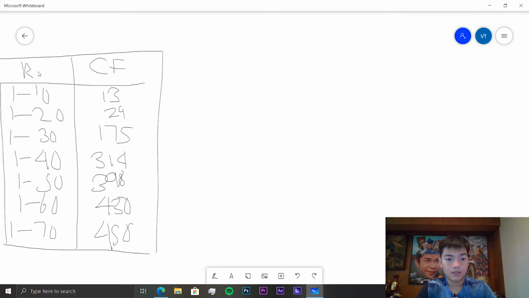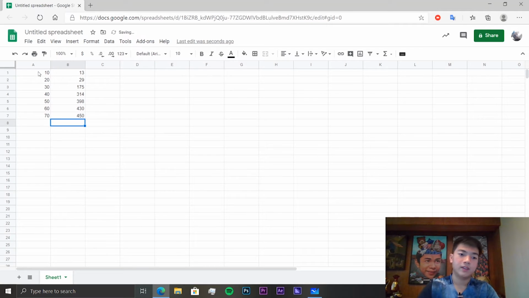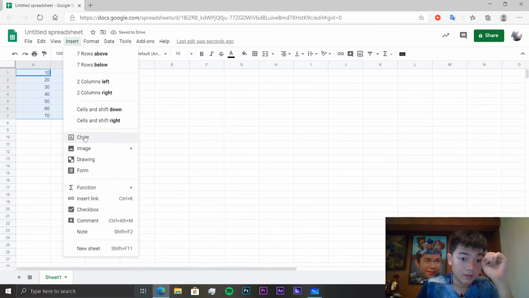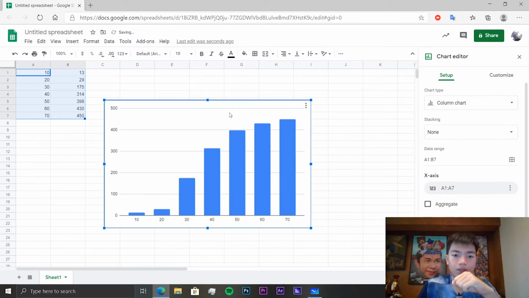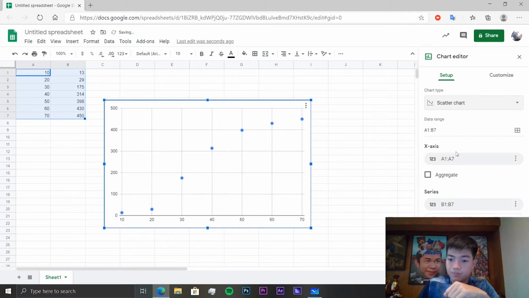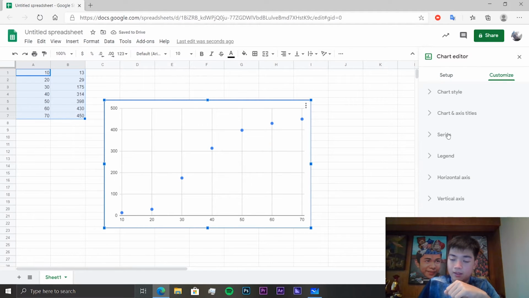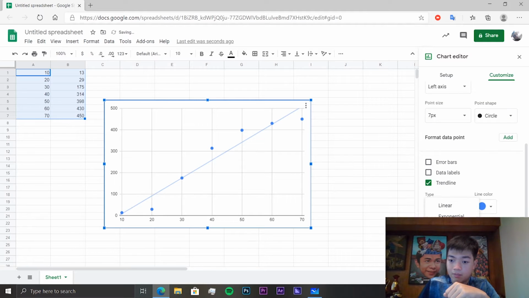So we have 13, 29, 175, 314, 398, 430, and 450 as our points. So if we insert a chart using these values, let's do a scatter chart, and we can have a trend line, maybe not really a polynomial with degree, well, not 8 clearly, maybe 3, no, because it's more of an S-curve.